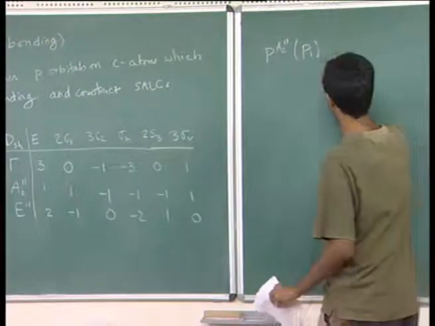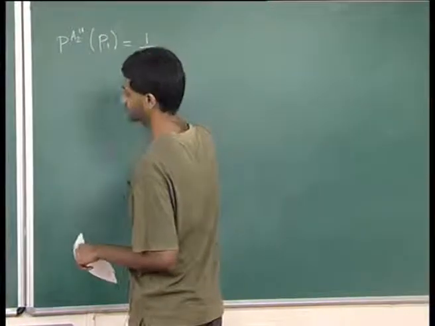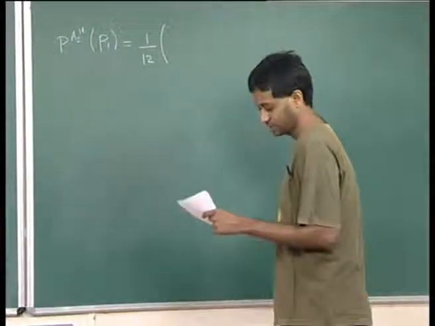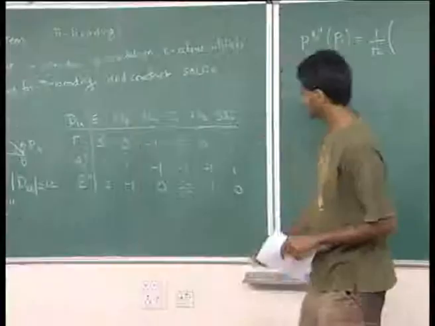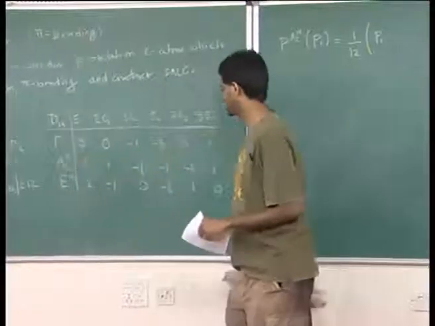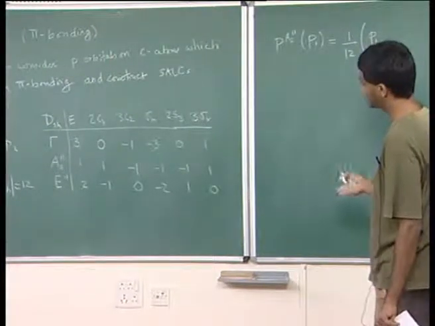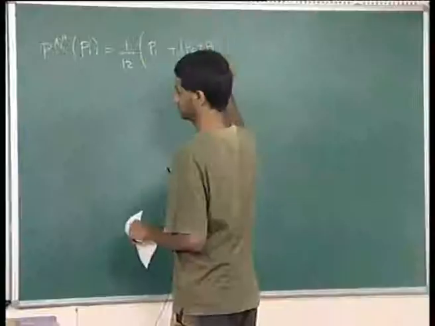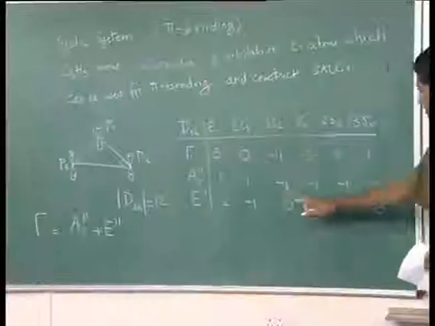Okay. So, in order to do this, it is 1 by 12. And if you work it out just like we did before, what you will get is this has P1, identity keeps P1 as it is. Now, the C3s will take P1 to either P2 or P3. Then you have the C2s.